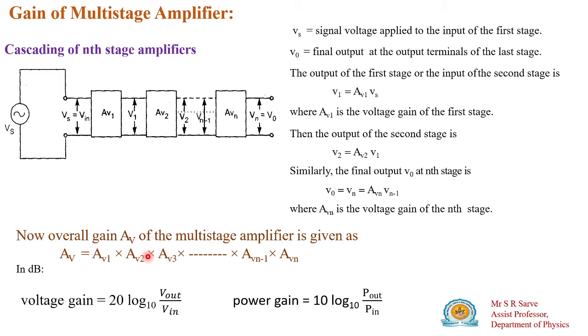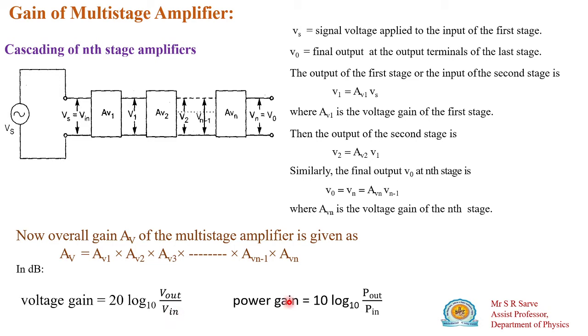But in general practice, we measure the gain in decibels, which is a logarithmic scale. If you take the log on both sides, the log of A times B is the log of A plus the log of B, so in terms of dB the gain becomes an addition. Voltage gain is taken as 20 log to the base 10 of output divided by input.